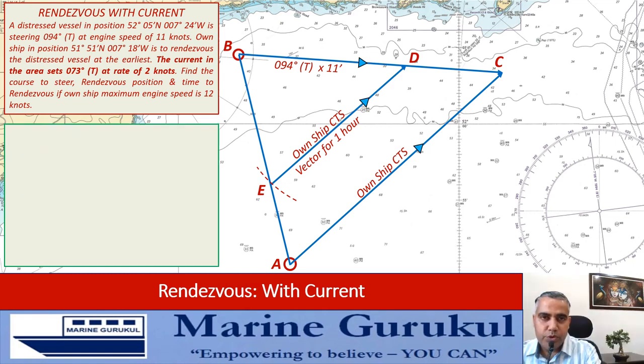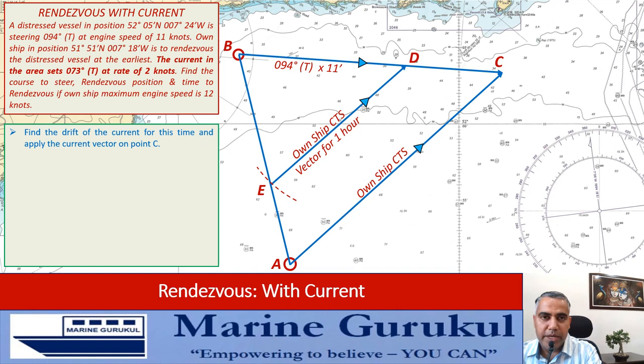Once the time to cover distance AC is obtained, we can now apply the current. Now we find the drift of the current for this particular time, which is 1 hour and 30 minutes. With a rate of 2 knots for 1 hour and 30 minutes, the drift comes to 3 miles.